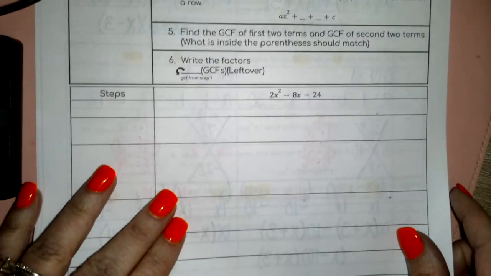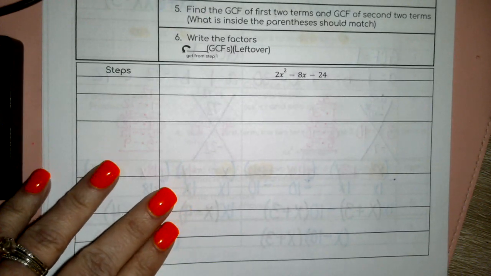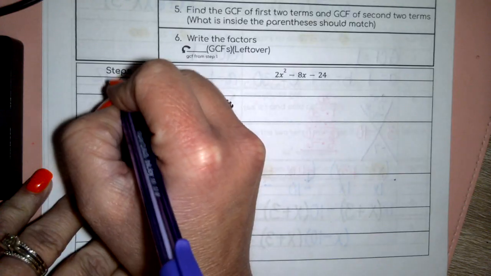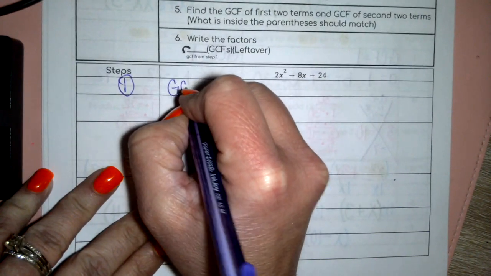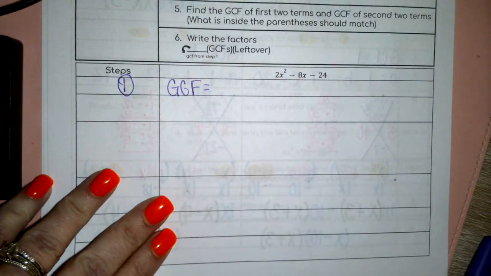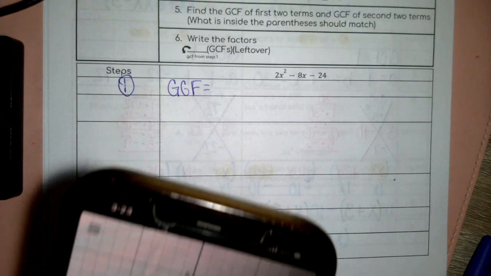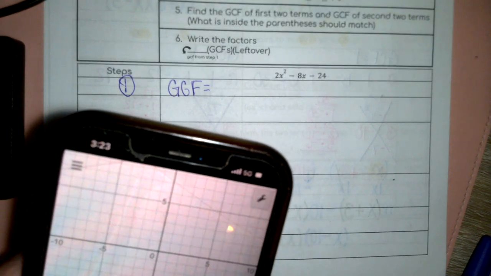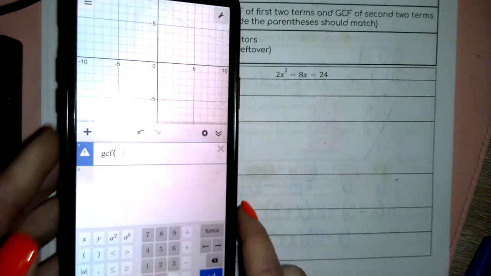So let's take a look at the first example. Step number one is our GCF. When you look at that GCF, you're just going to plug it into your calculator, GCF, and it's going to be all three terms.